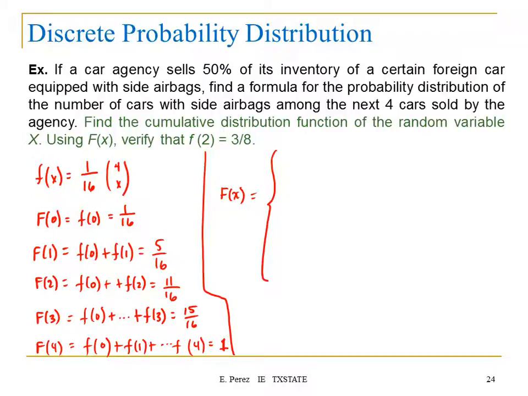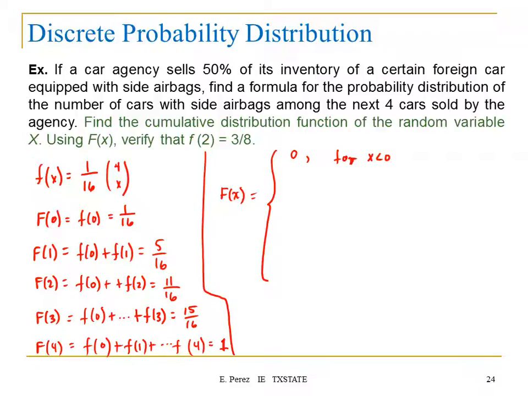I think we can discuss one more thing. Okay. So for this case, again, we are looking at these numbers. So the cumulative will be equal to 0 only for x less than 0. That will never happen, because we have no values of the probability distribution that are 0.